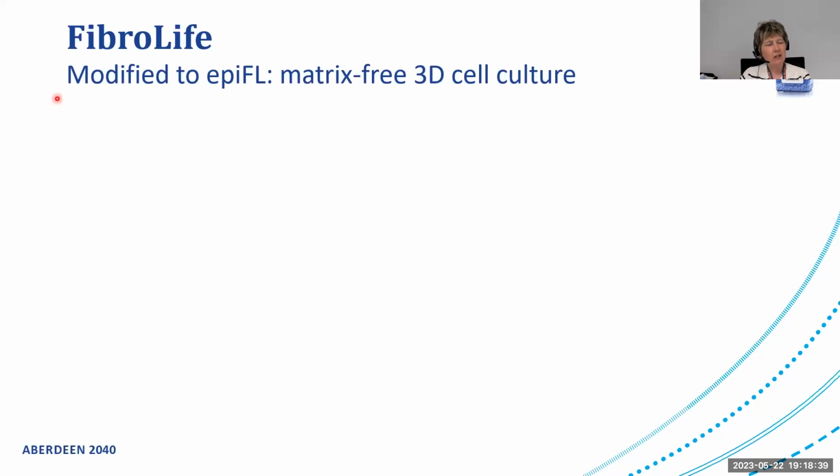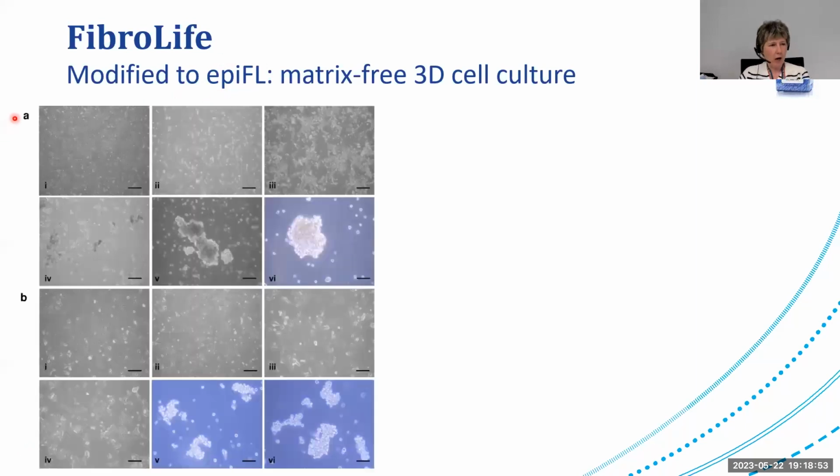And we thought, well, actually, what happens if we modify this Epifiber Life by omitting some of these components? And we did this, and we called it EpiFL. So with this Epifiber Life, rather remarkably, what happens is that when you gradually introduce the cells to Epifiber Life, the cells start off as a conventional plastic monolayer.